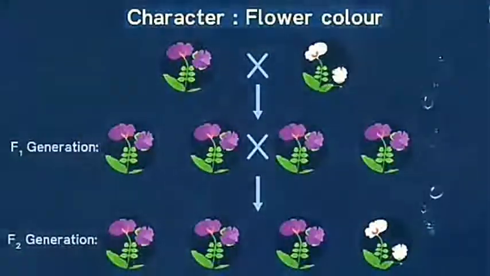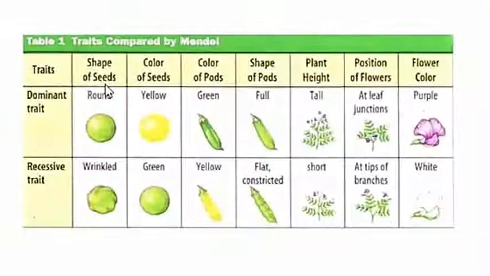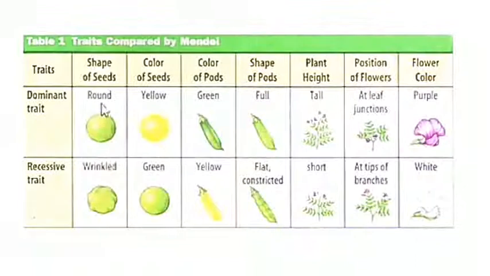Mendel concluded that when plants with opposite characters are crossed, one character is always expressed, while the other one is not expressed. The one that is expressed is called the dominant trait, and the one that is not expressed in the F1 generation is called the recessive trait.